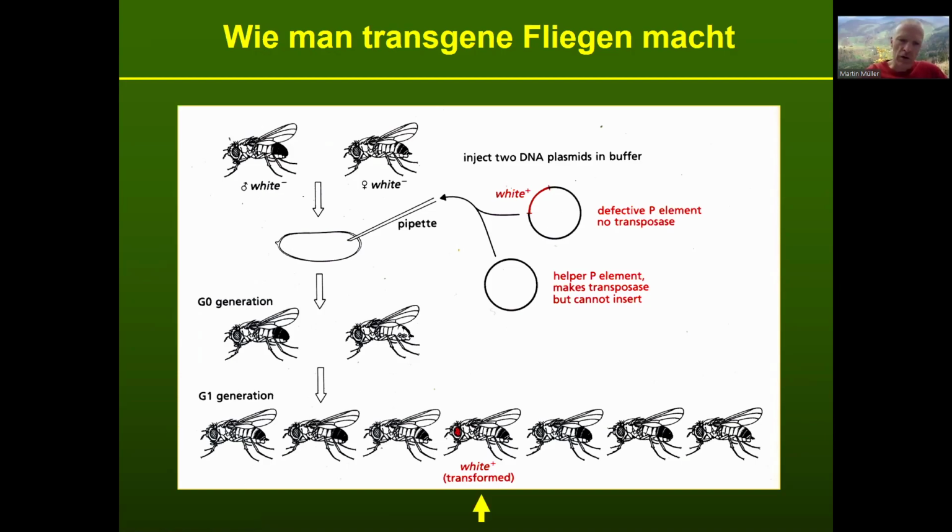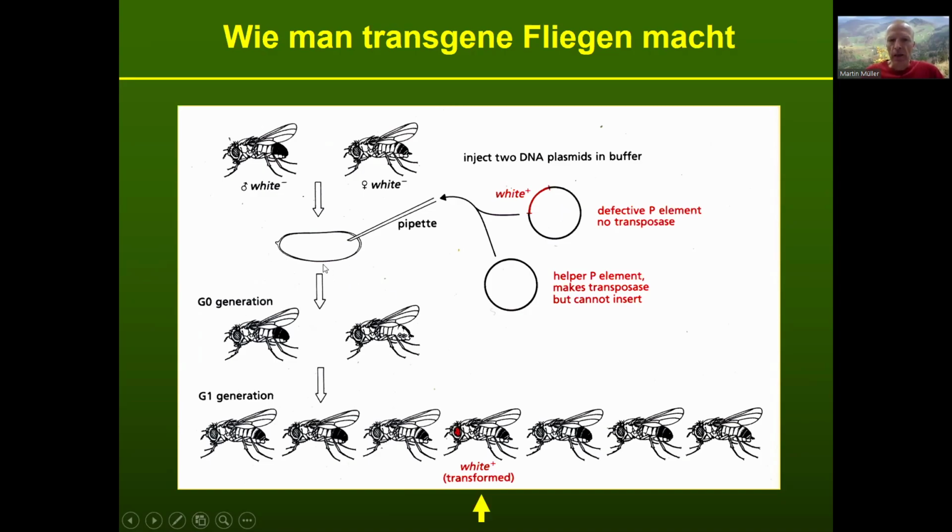About 90 minutes after embryonic development has started, the germ cells are set apart, and of course we want the germ cells to have an integration of our P element. So we have to inject early into young embryos. We inject these two plasmids, and if we are lucky, the transposase will catalyze the insertion of this plasmid.